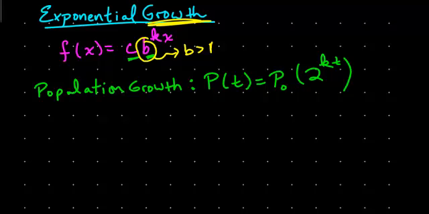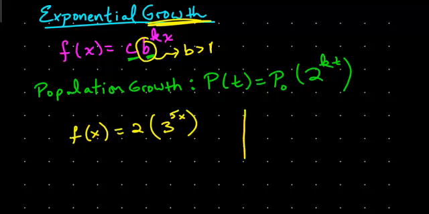For example, f of x equals 2 times 3 to the 5x. Get a calculator and graph them, and you'll see they all have a very similar shape.